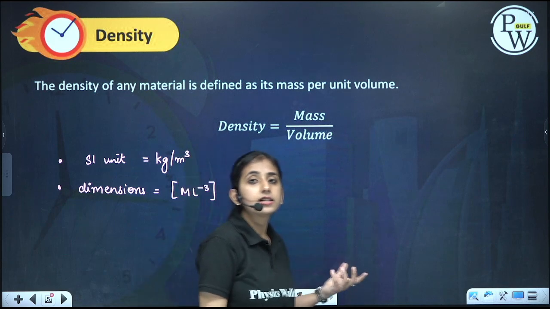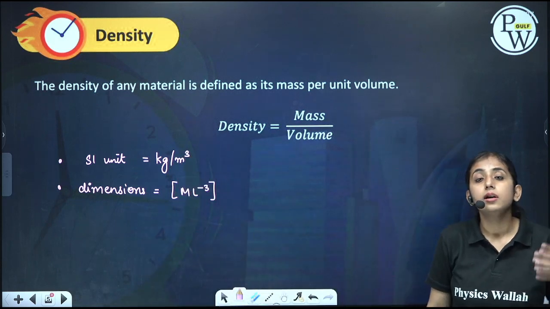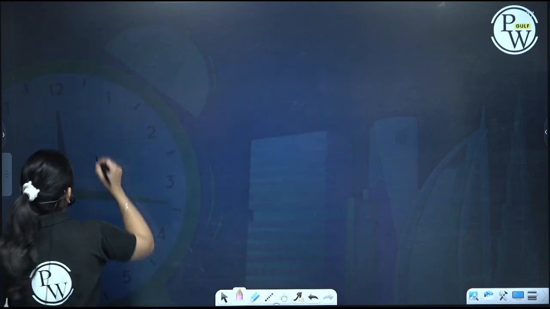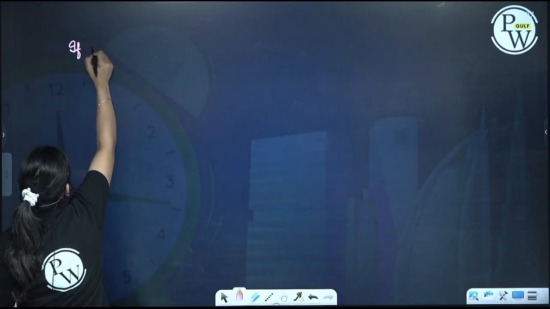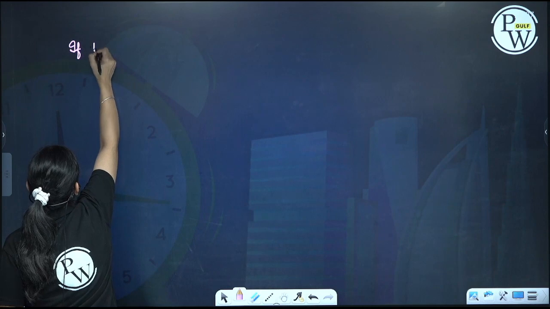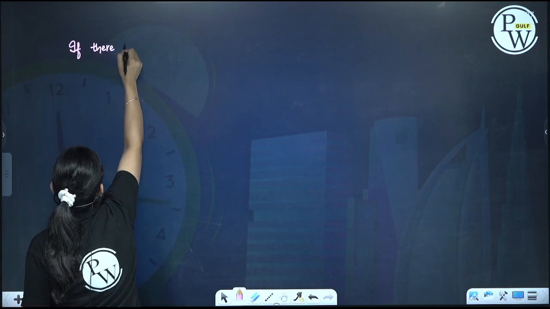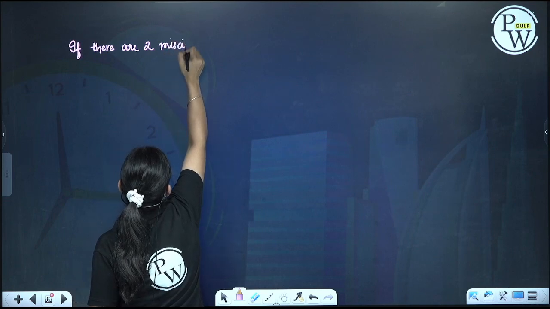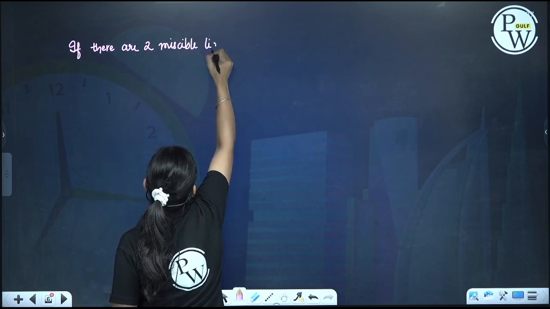Now there is the density of a mixture. Suppose we have two miscible liquids. What are miscible liquids? Liquids that can be completely mixed together.